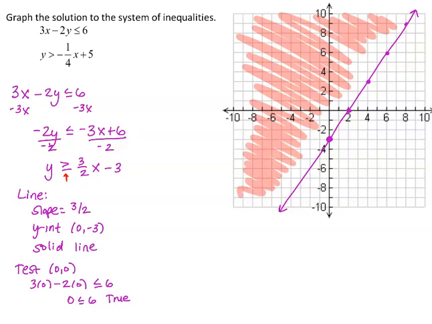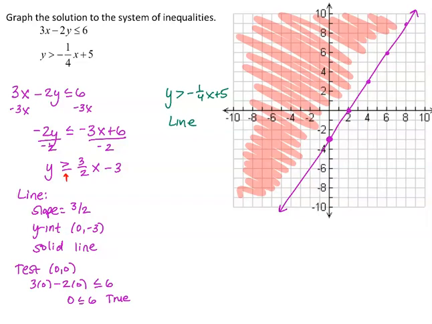So now we want to come back and do the same thing with our second inequality, put it on the same graph. So I'm going to start with my y is greater than negative 1/4 x plus 5. This one's a little bit easier because it's already got y on one side by itself. So this again is a line.